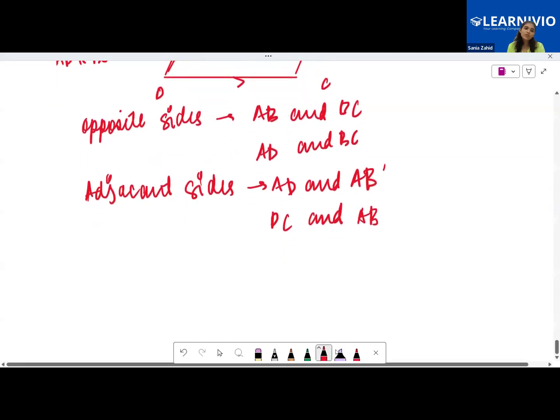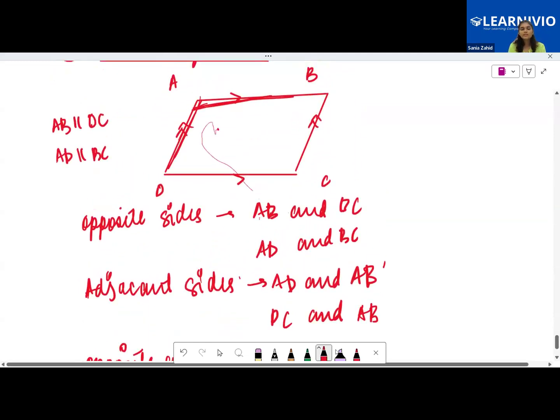Then you have opposite angles. What will be the opposite angles? Okay, what are the angles? Listen here, you have one angle over here, other is here. Then you have this one and this one. So what will be adjacent? This angle lies adjacent to this one as well as this one.